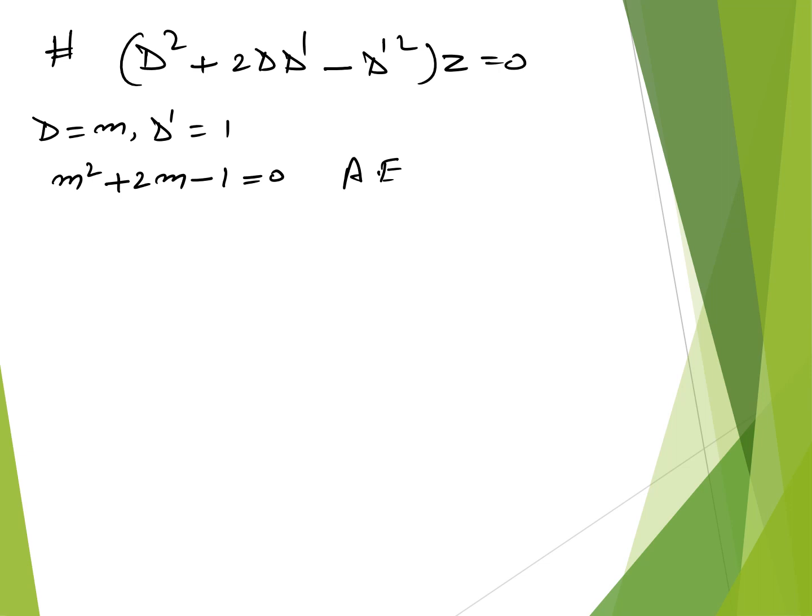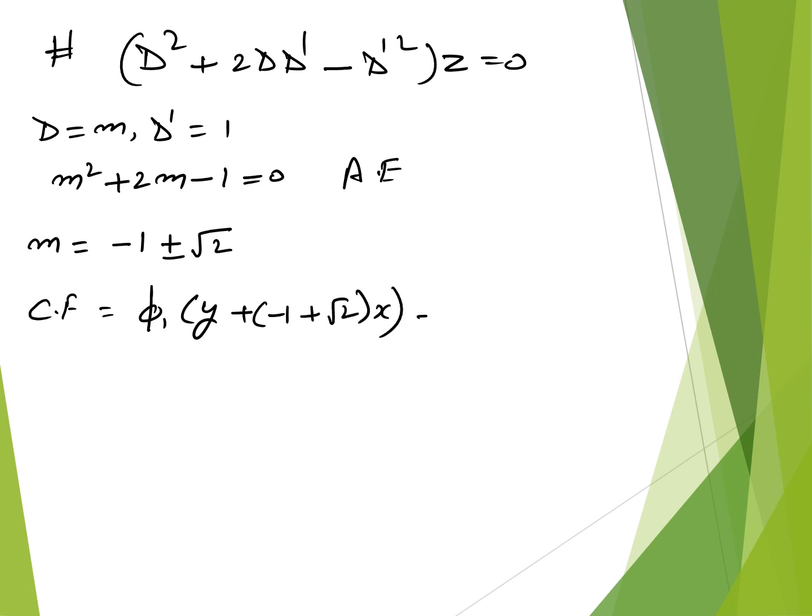Solving this, we get m equal to minus 1 plus minus root 2. This root is real. The formula for the CF is the same: phi1 of (y plus m1x). The first root is minus 1 plus root 2, so phi1 of (y plus (minus 1 plus root 2)x), plus phi2 of (y plus (minus 1 minus root 2)x). So this will be the CF.